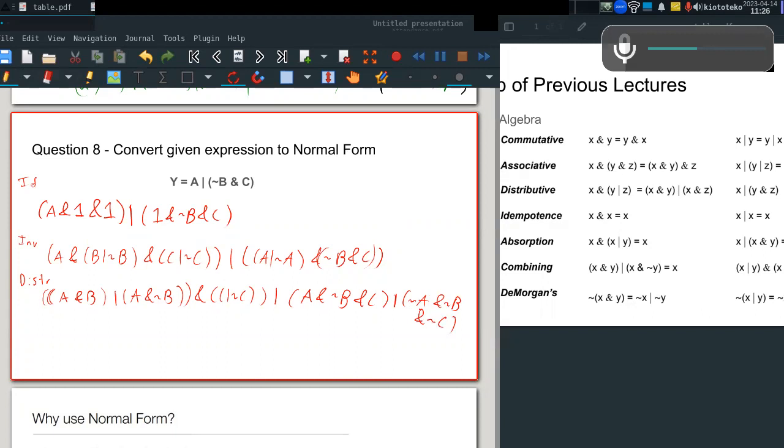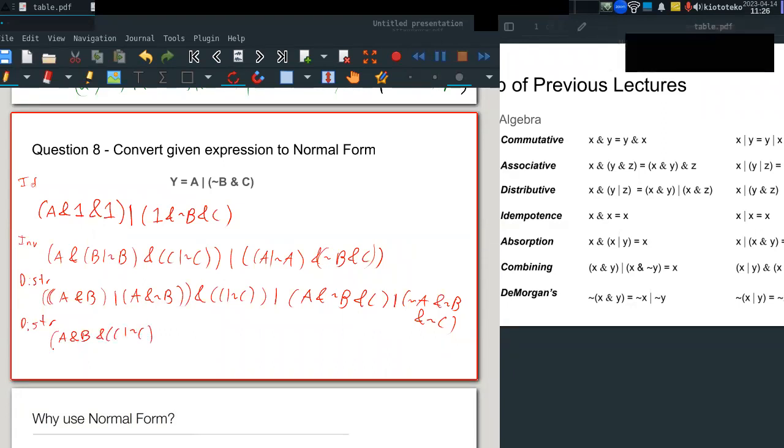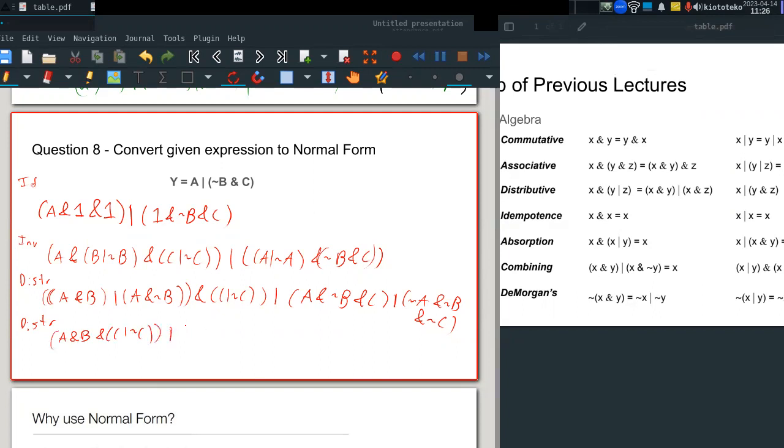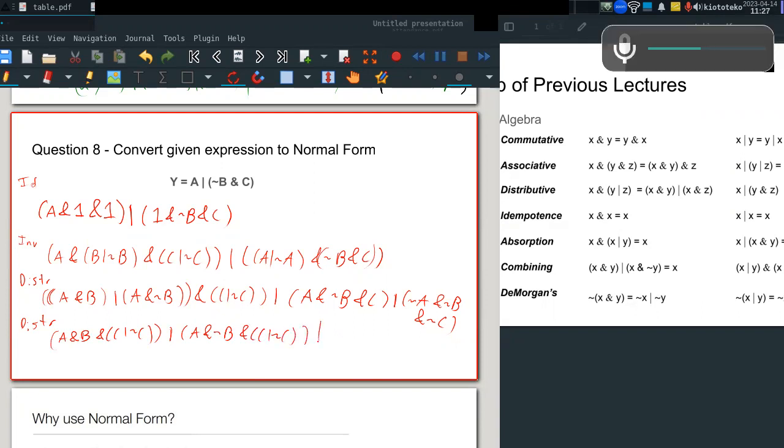Okay, we have already here 2 terms that already conform to what we are looking for, but now we need to develop this, no? So again, distribution. So let's see, it's A and B and C or not C, or A and not B, and C or not C, and everything else, no?